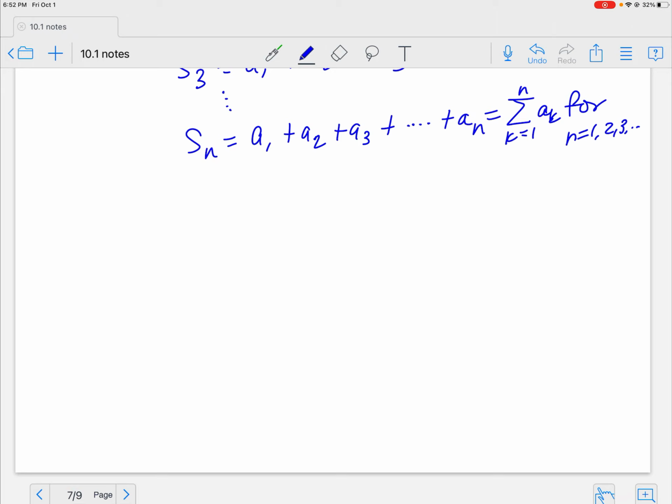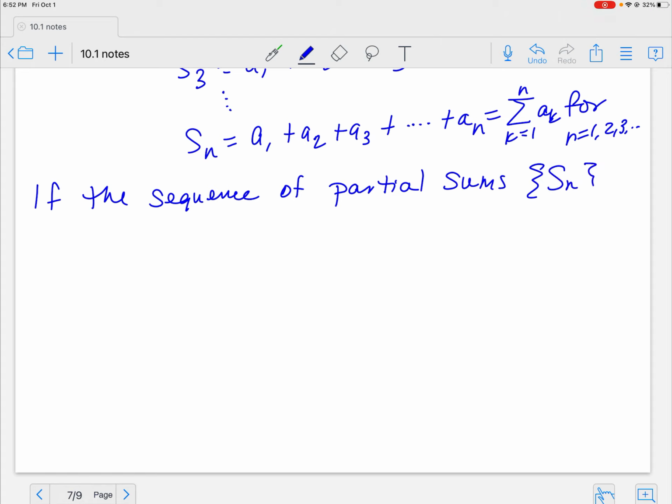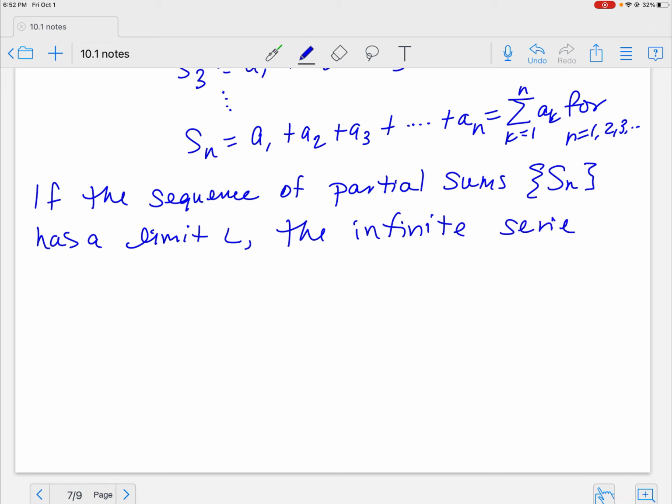Okay, so here's the real deal. This is where we're coming at it. All of this information is culminating into this. If the sequence of partial sums denoted by S sub n has a limit L, the infinite series converges to that limit. Oh, there's that word again.